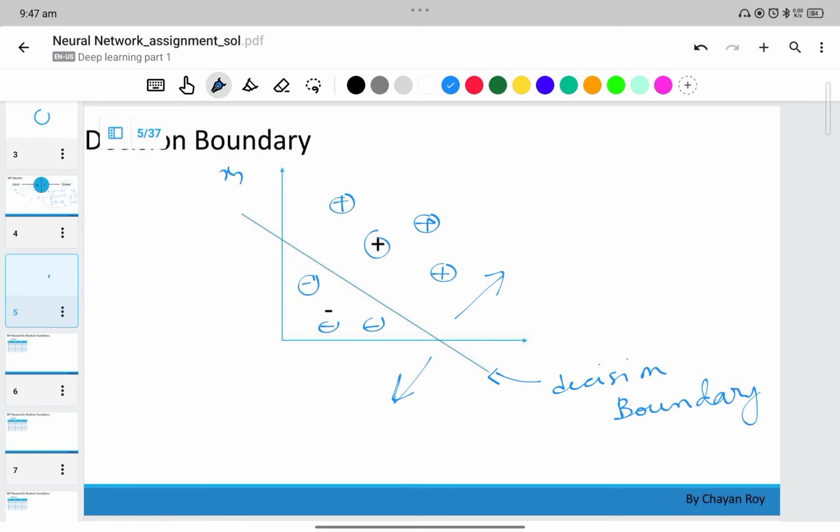Here is your x2, here is feature x1. Whatever is up here will be greater than or equal to the cutoff theta, and whatever is down here will be less than theta. So the MP neuron can separate linearly separable data, and this is very important.